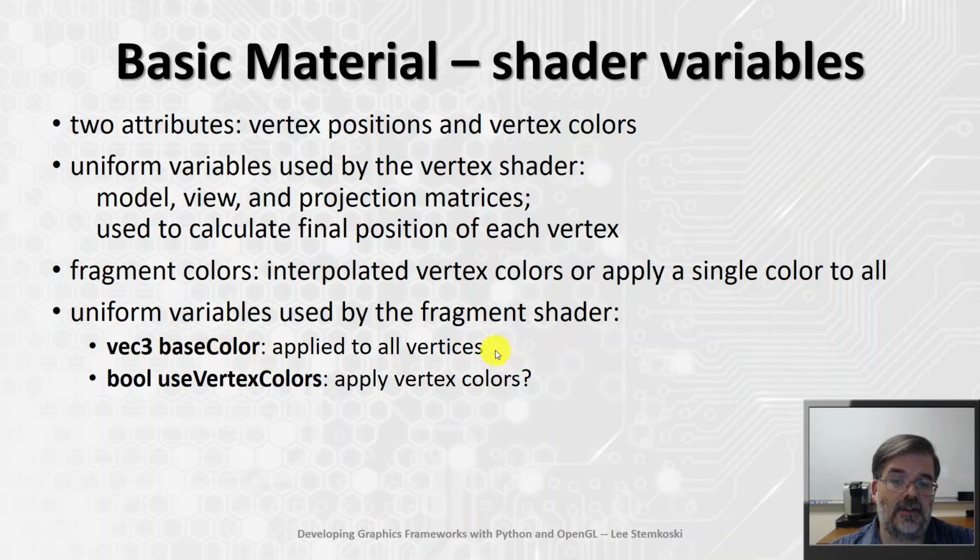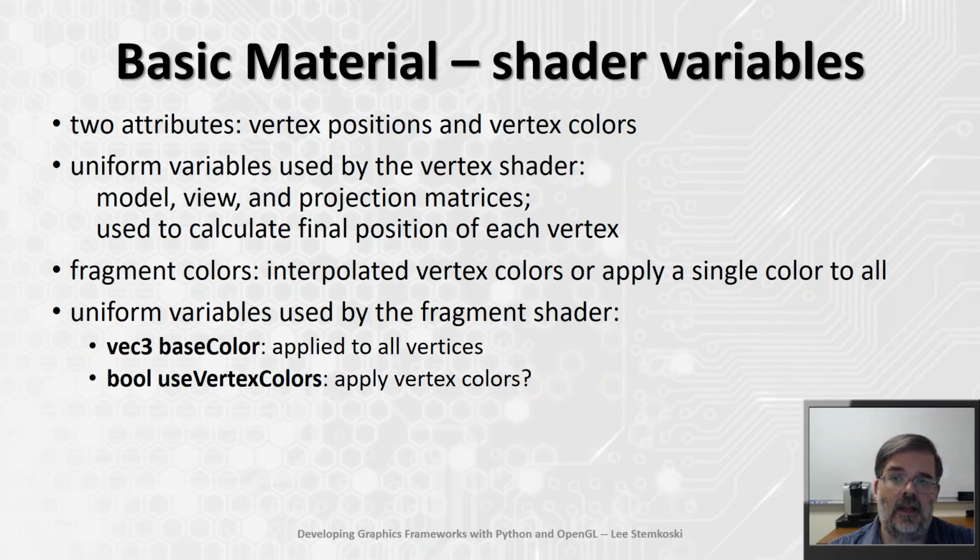And this will be some color that's applied to all the vertices. We'll have that default to white. That way, if we take the white color and combine it with other colors, it won't change the other colors if we multiply components. And the base color will be set to whatever the uniform variable specifying a single color is. Optionally, we'll let developers decide whether or not they want to use vertex colors with a Boolean variable, and it'll answer the question, do we want to apply vertex colors?